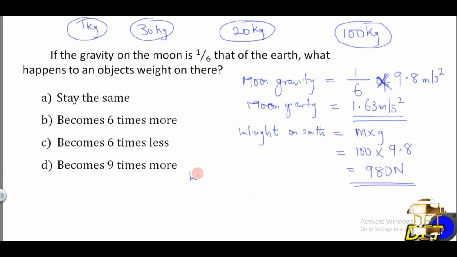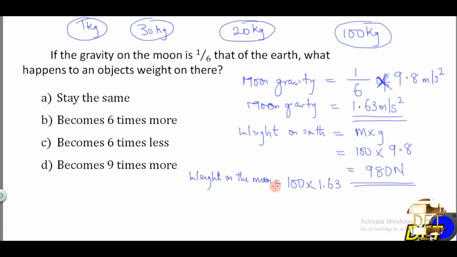Then the weight on the moon will be equal to, like I said, the mass of a body is constant everywhere. So the mass is still constant, 100 times the acceleration due to gravity on the moon. We've calculated it to be 1.63, right?